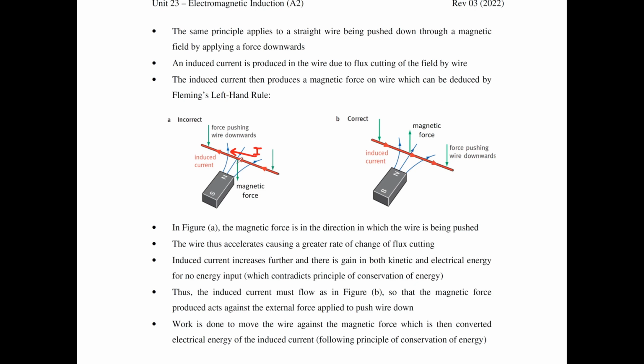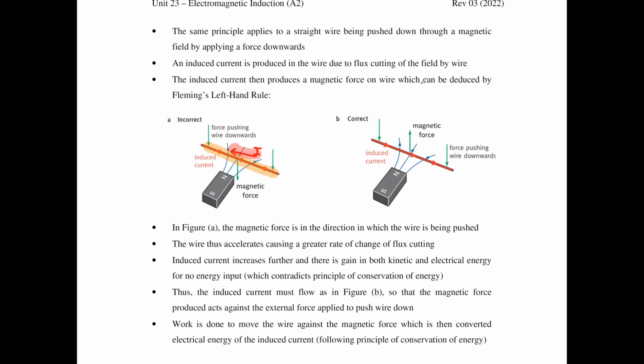From Fleming's left-hand rule, by right, this wire itself should also have a magnetic force acting on it. Because right now, if you consider this wire having an induced current, this current flowing through your wire is actually under a magnetic field produced by your magnet here.